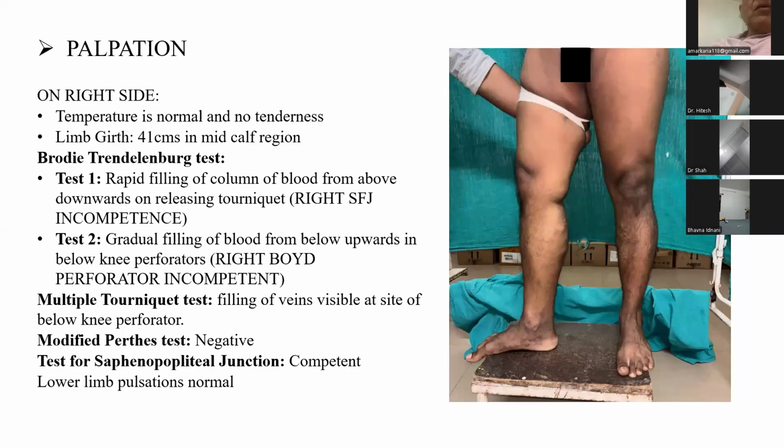Yes, sir. So how do you know which perforator is where? It can be any other perforator. There are multiple perforators, no? Yes, sir. So which test tells you which perforator is probably incompetent? Ma'am, by doing the multiple tourniquet test, we can tell which perforator is incompetent. Okay.